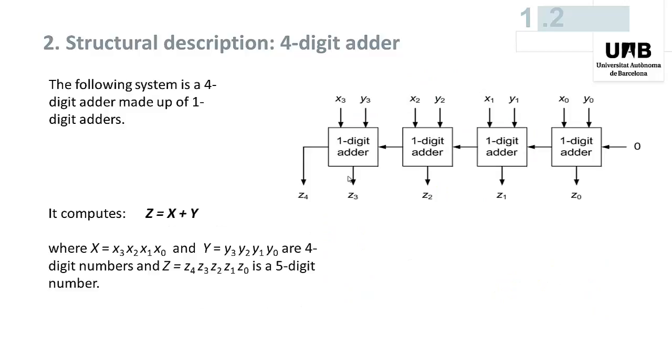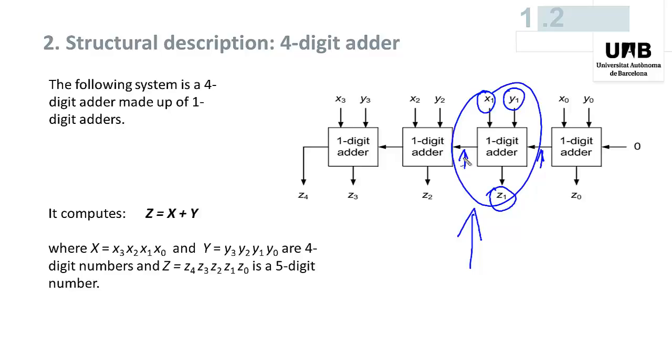Then with this component we can define the structure of a 4-digit adder. Actually, the structure of the 4-digit adder corresponds to the pencil and paper addition method. Each 1-digit adder, this one for example, computes the sum of 2 decimal digits plus an incoming carry and expresses the result as an output decimal digit and an outgoing carry, which is transmitted to the next component, to the left.